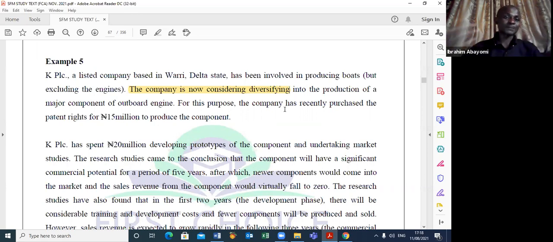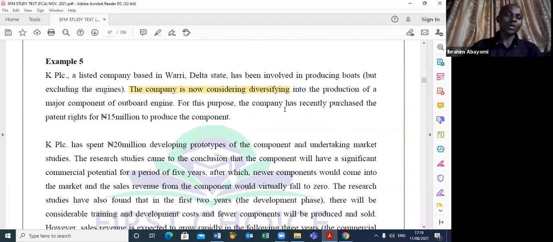We are evaluating this project, but already we have bought the patent right that will enable us to carry out this project. Now, if we evaluate whether that project is profitable or not, and we discover that the project is not profitable, it means we do not manufacture. So do we now go back to government and say, please, we want to return your patent, you should pay us back our money?